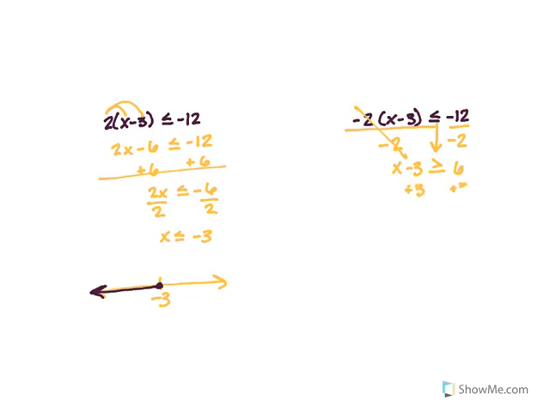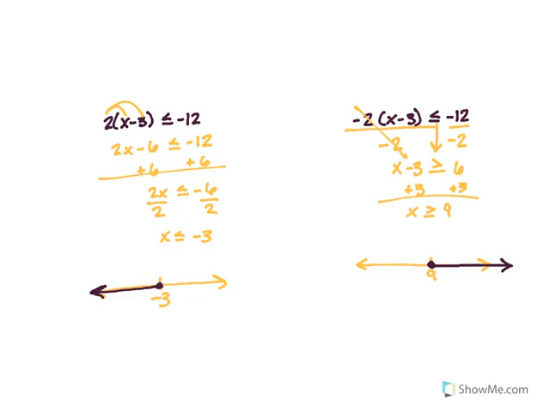I'm going to add 3 to both sides. So x is greater than or equal to 9. Nine is included, and x is everything bigger than that. So you can see that it changes the direction of your arrow when you change that sign.